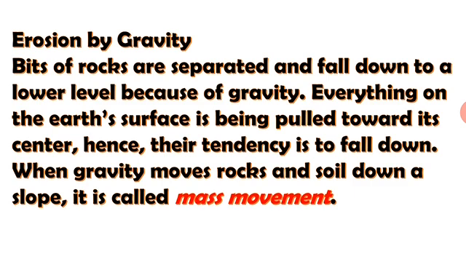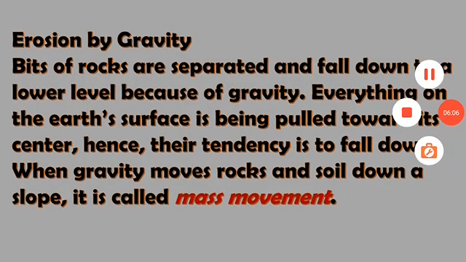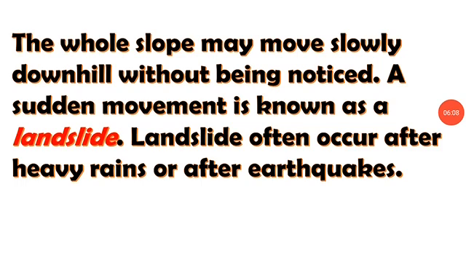When gravity moves rocks and soil down a slope, it is called mass movement. The whole slope may move slowly downhill without being noticed. A sudden movement is known as a landslide. Landslides often occur after heavy rains or after earthquakes. So this one is an example of erosion by gravity.